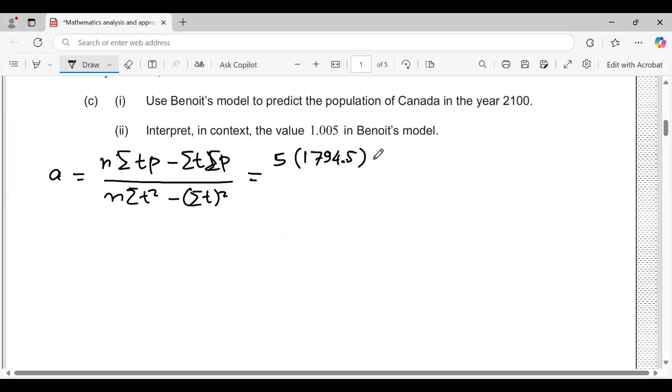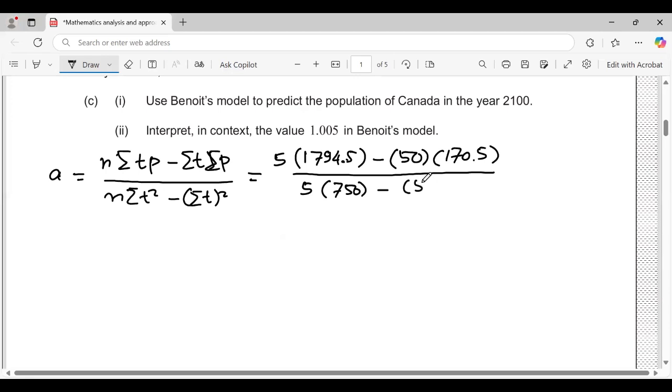Sigma TP is 1794.5 minus sigma T is 50 times sigma P is 170.5, divided by 5 times sigma T squared, 1750, minus sigma T squared, it means 50 squared, like this.